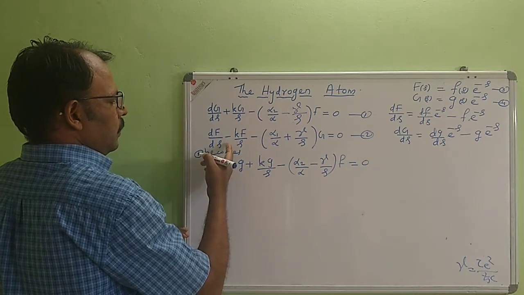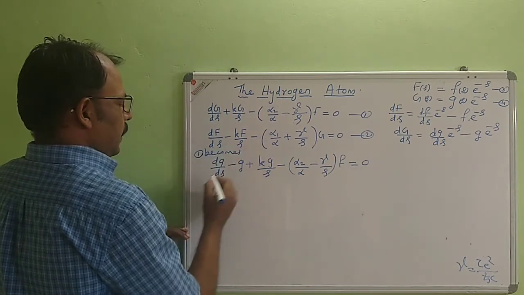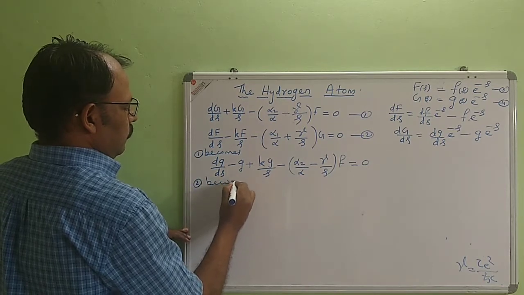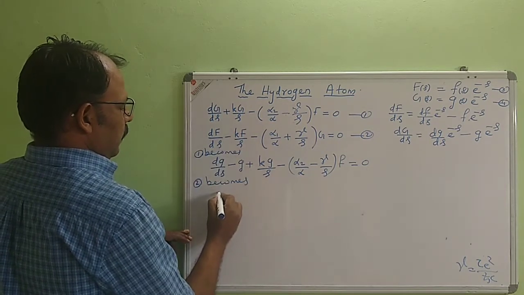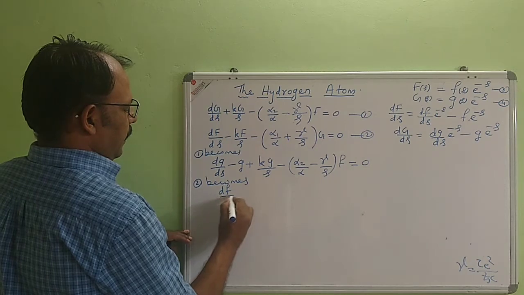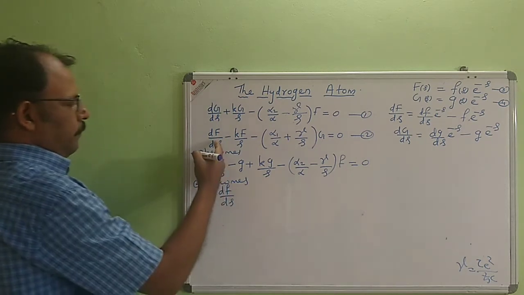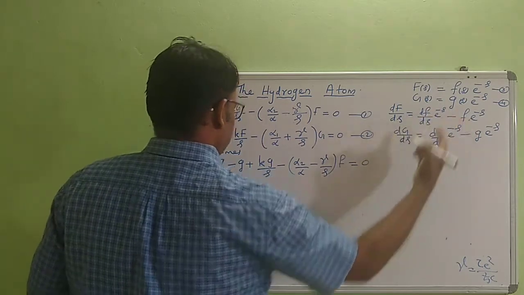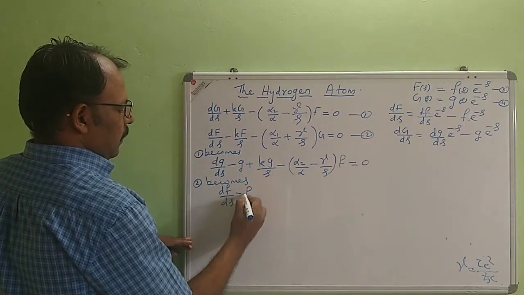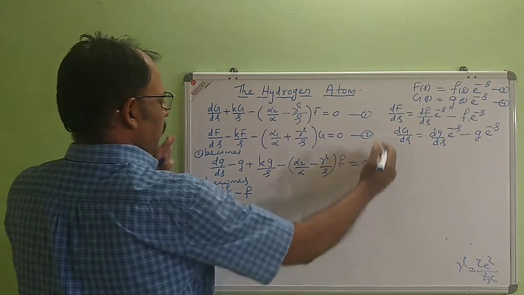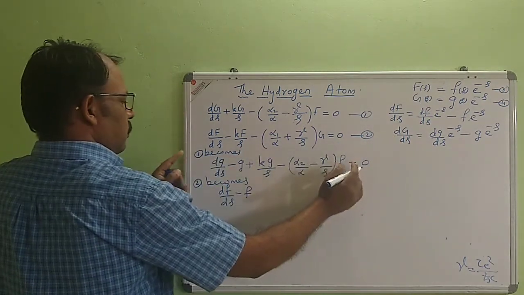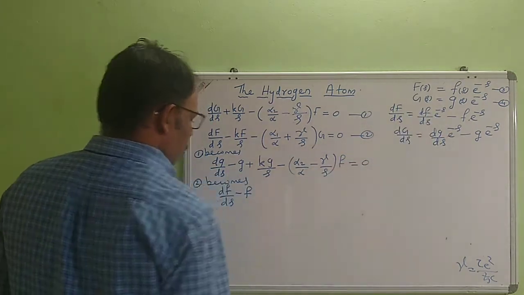Now the second equation becomes, we can write dF by d rho, d capital F by d rho, as df by d rho minus f. The exponential term we can take outside, and its coefficient will be 0, so we are not writing e raised to minus rho there.